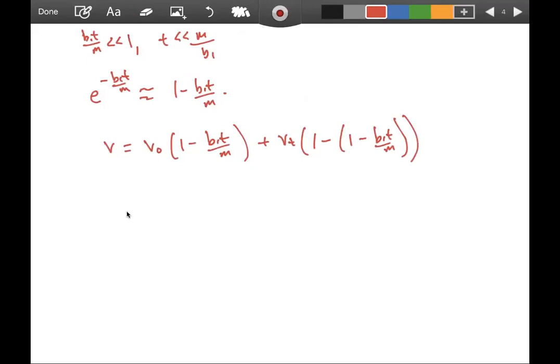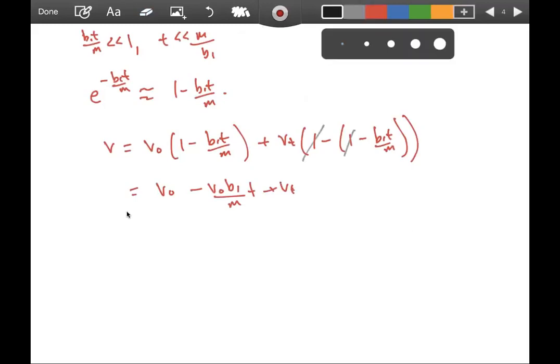So let's keep going. This thing will then be approximately equal to v0, then a minus v0 b1t over m, plus my terminal velocity. Actually, because this guy here is going to cancel this guy, that makes it a plus. Plus my terminal velocity times b1t over m.